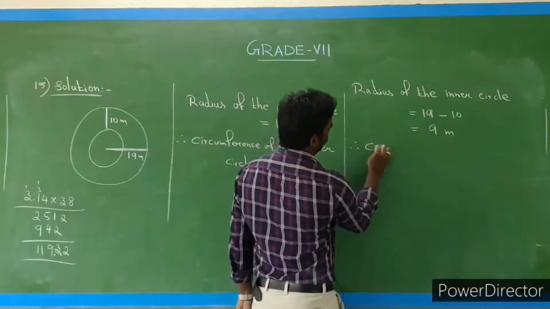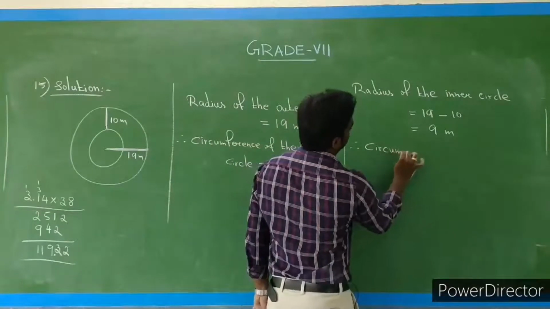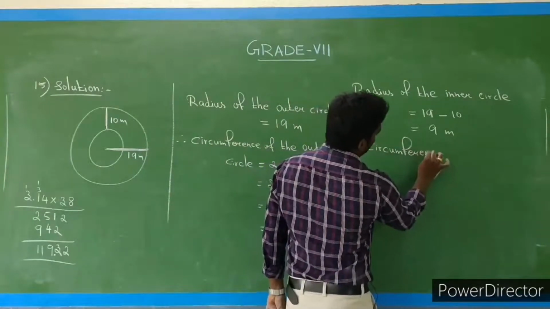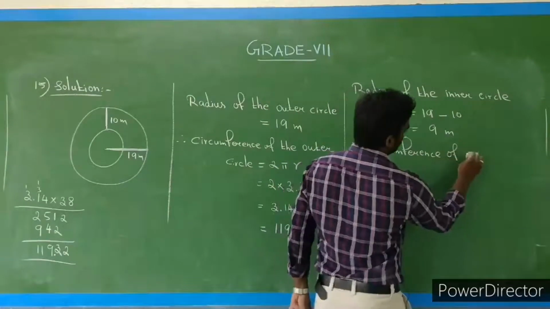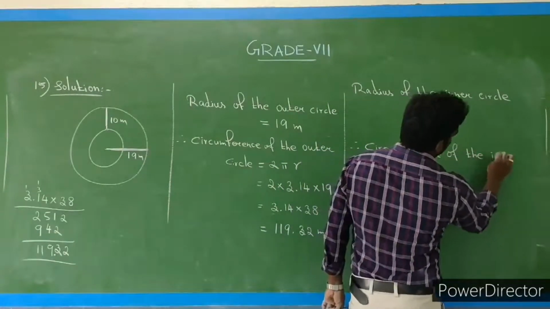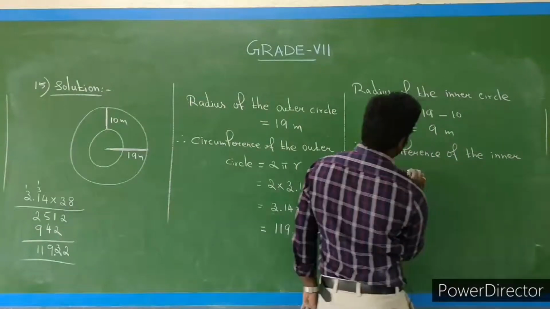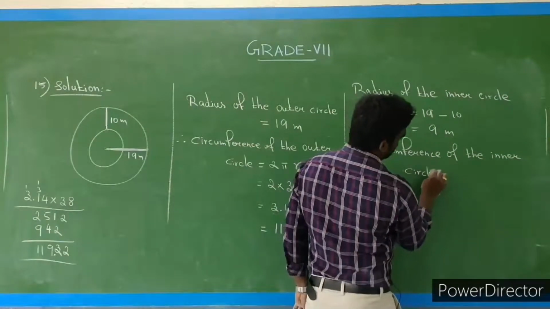Therefore, the circumference of the inner circle. The formula is 2 pi r.